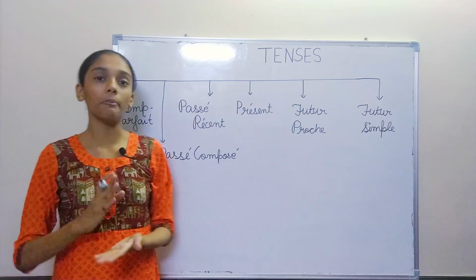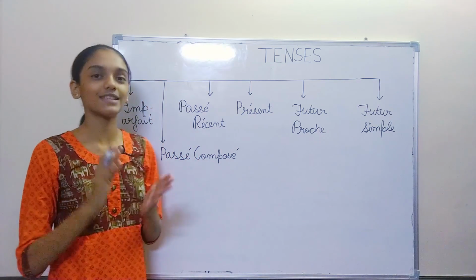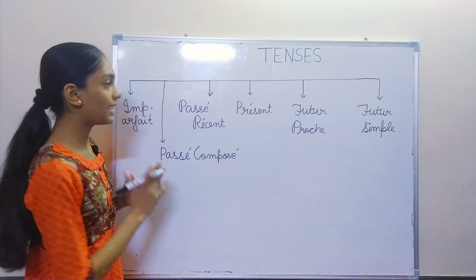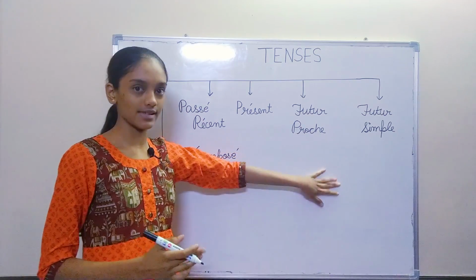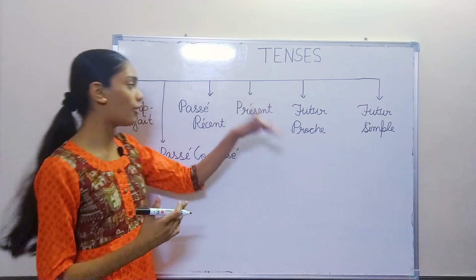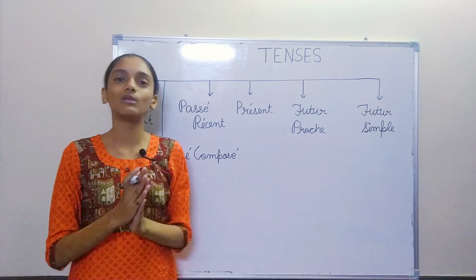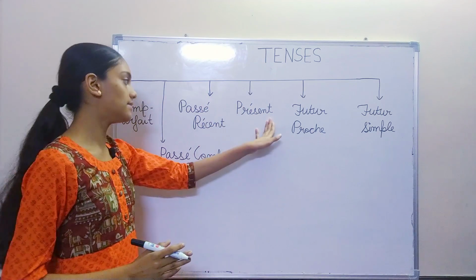So we have learned many tenses in French and when they come all together it gets very confusing. So today in this video we are going to learn about all these 6 tenses together. If you are having your exams and all these tenses are coming, this will be a full revision. First we have the present tense.